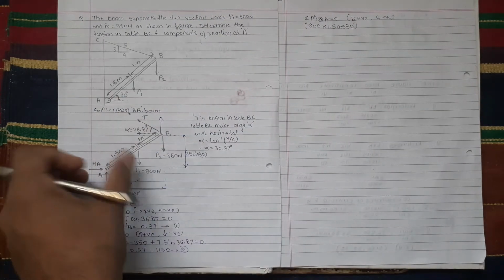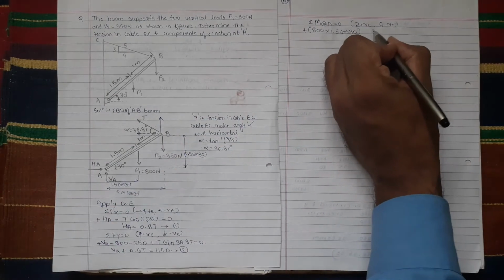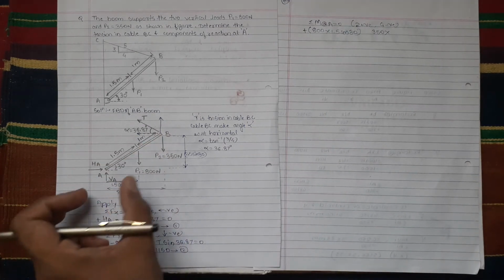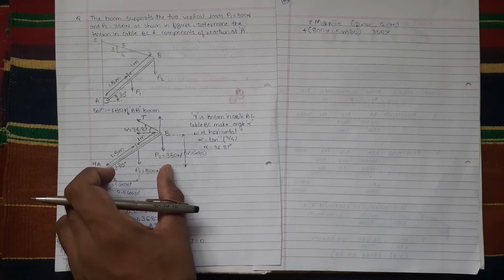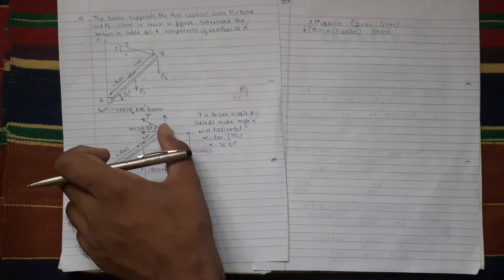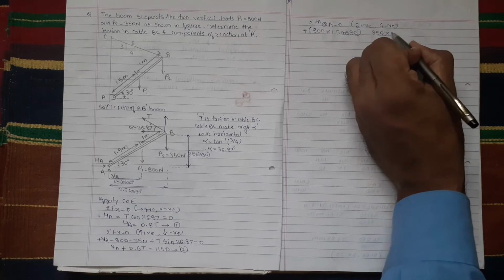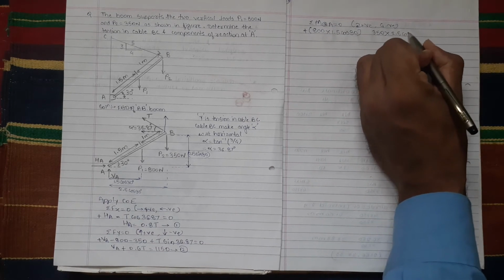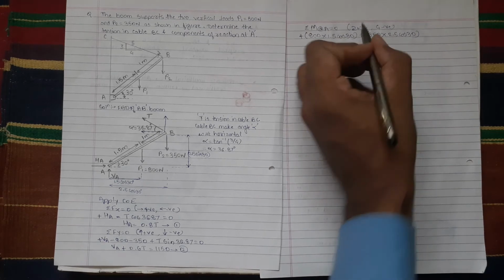It is going to create clockwise moment, so plus. Second force is 350. The perpendicular distance between its line of action and point A is 2.5 cos 30. It is going to create clockwise, so plus.